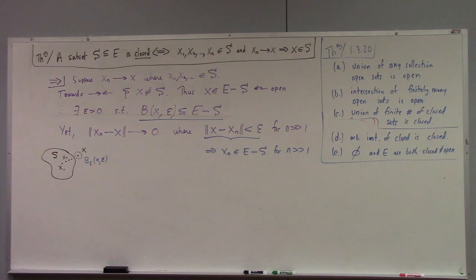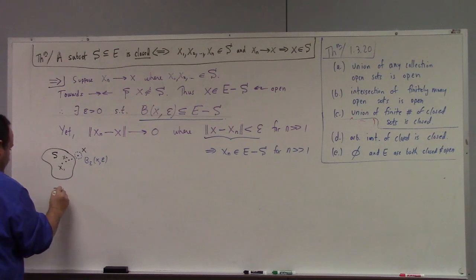And I think that's the contradiction, because we're assuming that the sequence is in S, and yet we're saying that if you go far enough out, you can find points outside of S, which is not legit. So that's a contradiction. Therefore x is an element of S.